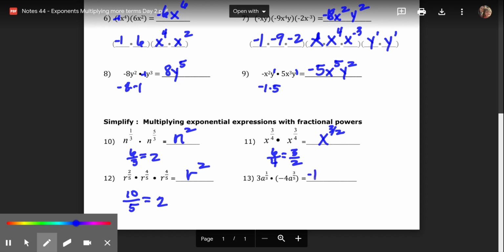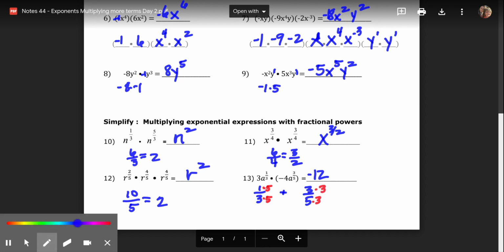Let's go ahead and put our -12 there because we need this space to get our common denominator. So we have 1/3 plus 3/5. So our common denominator is going to be 15. So we're going to have to multiply that by 5 and that by 5. And then here, we're going to have to multiply this by 3 and this by 3.